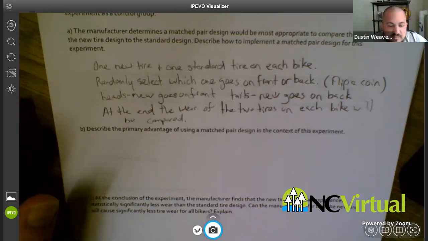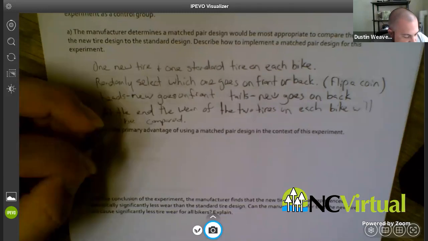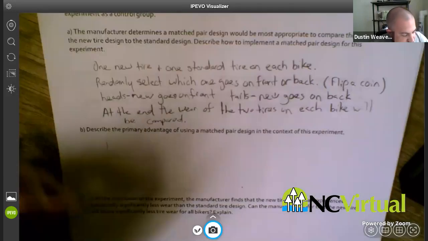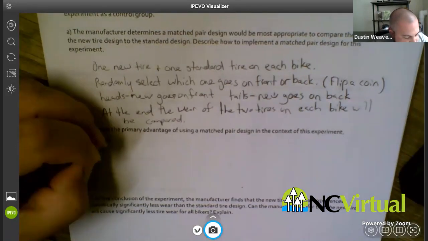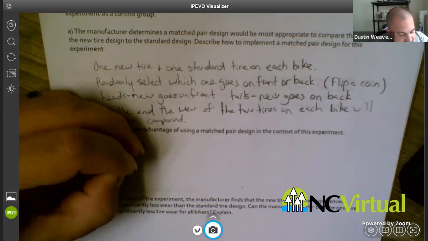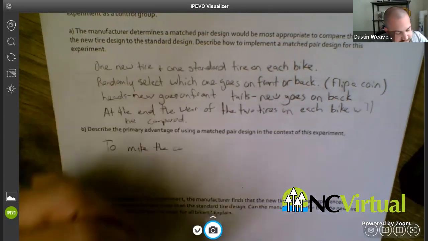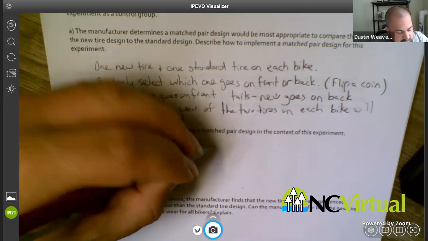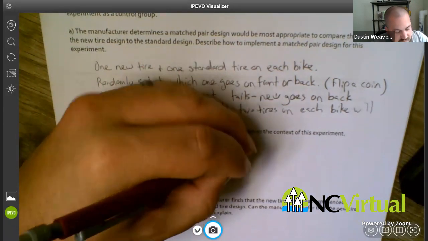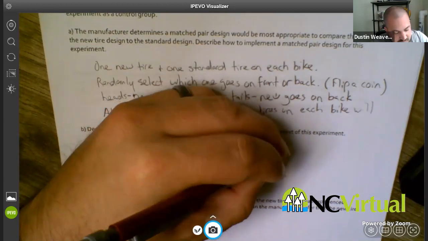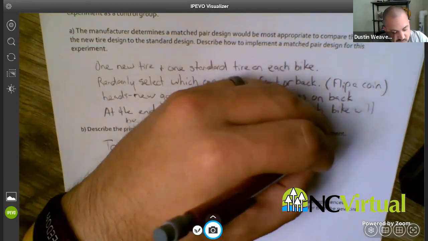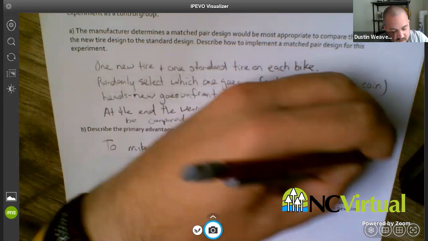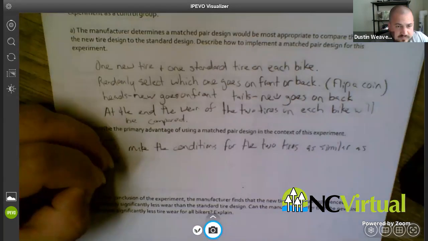And that's basically what I just explained. So the goal is to make the conditions for the two tires as similar as possible. That's our goal.